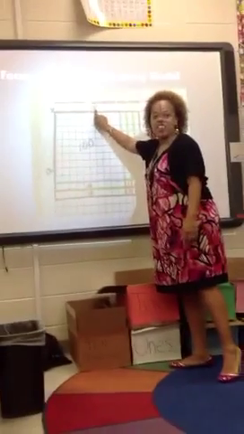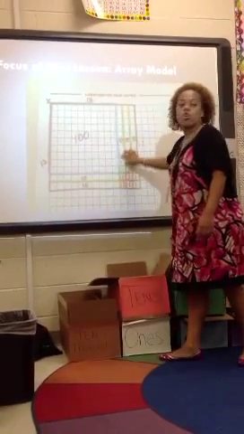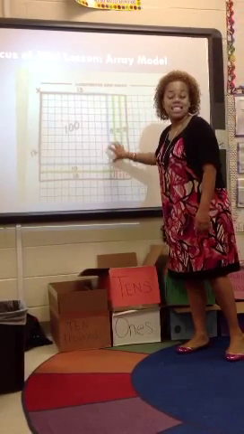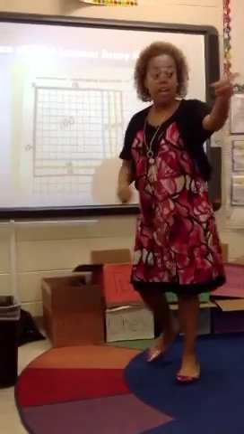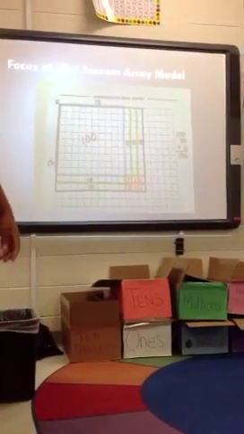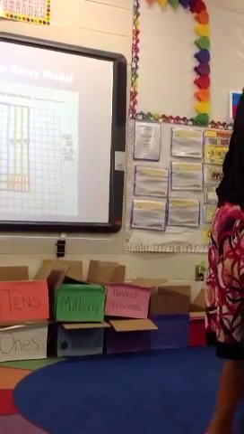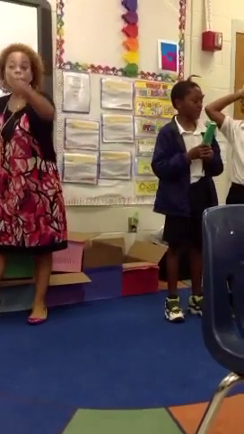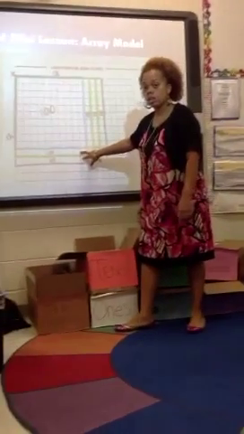The 3 that we have right here in the 13 are going to represent our 3 groups of how many? 10. Very good. I'm going to hand you 3. And I would like you to stand on the right-hand side of them. Now, where did we get these 2 groups of 10 from?